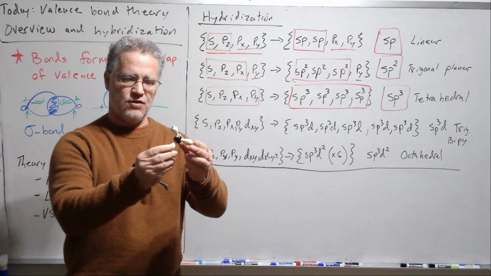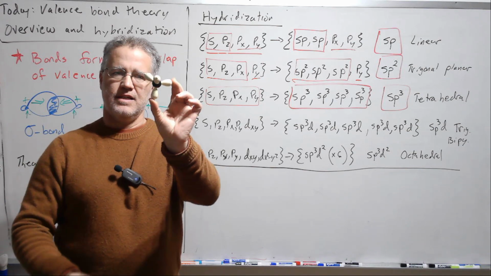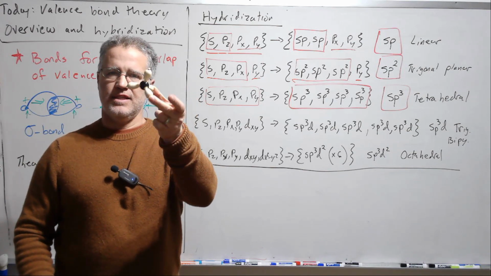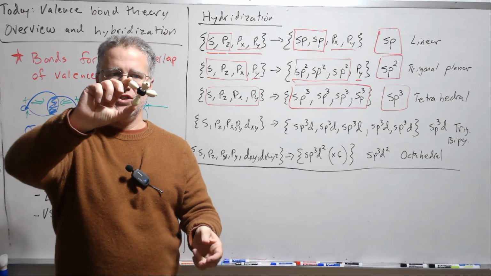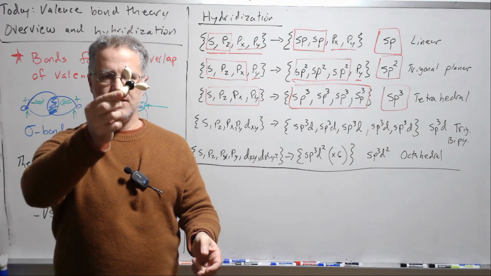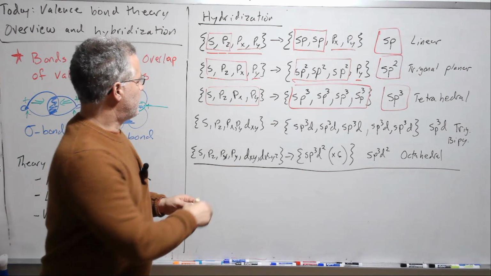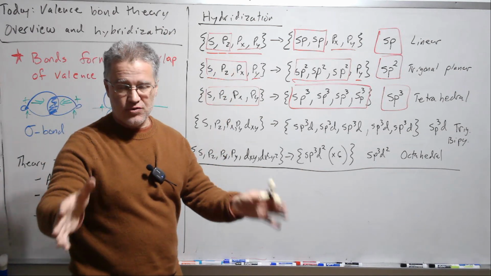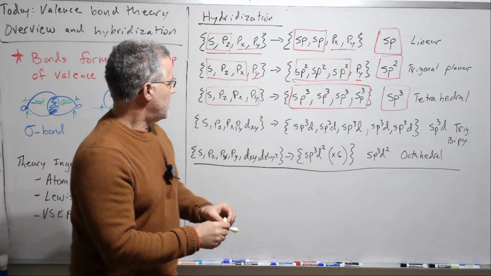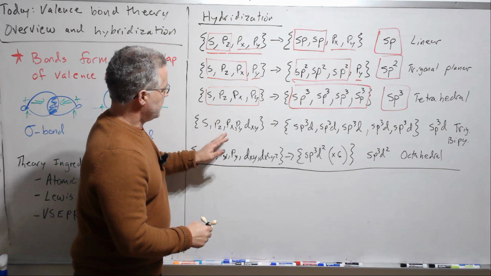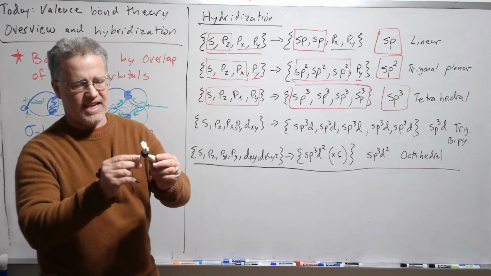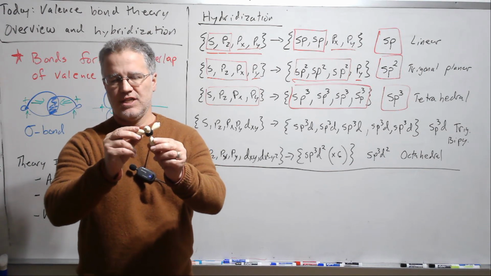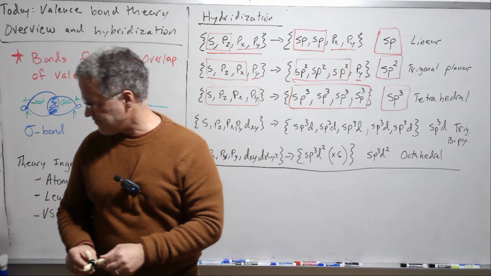There's no leftover p's, and they are oriented in the tetrahedral shape. So they take on the correct geometry. And again, we'll show for these two how the actual geometries come about, and for this one we'll just have to take it that this is going to be tetrahedral.